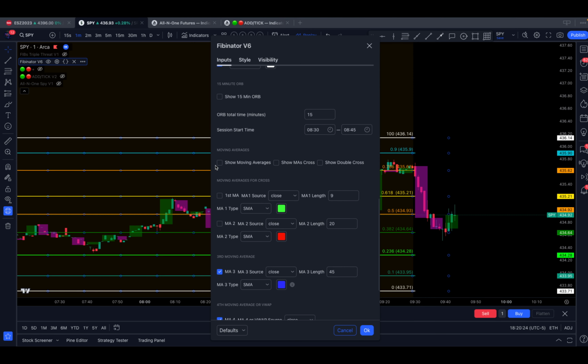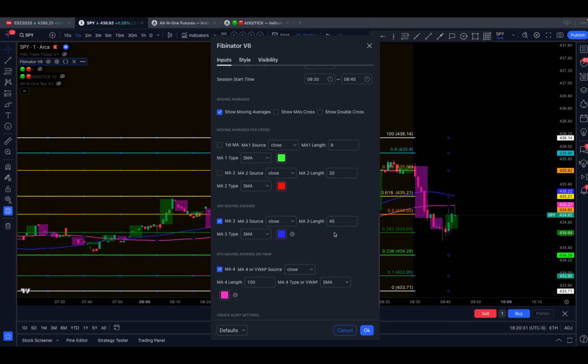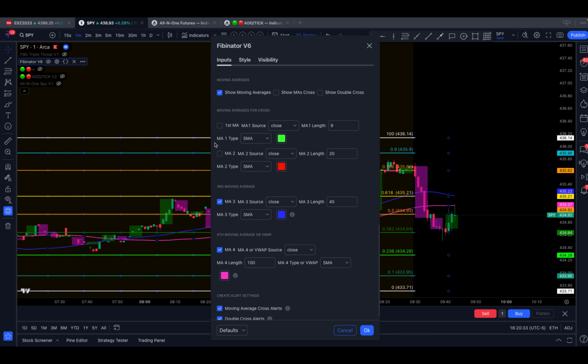To do that, you obviously click on show moving averages. You can show the crossover and the double cross, and it's going to plot those lines. The way I have it set up is like I explained to you earlier, the 9 and 20 on the 1 minute, and then it's set for 45 and the 100, which is basically the 5 minute 9 and 20.